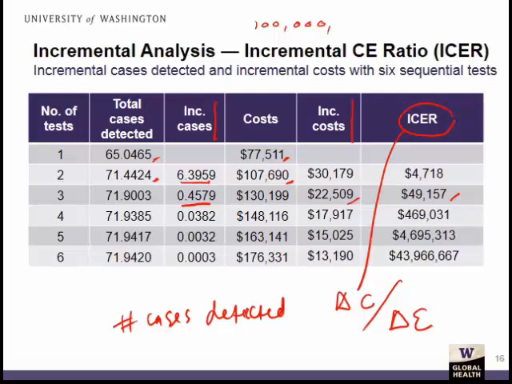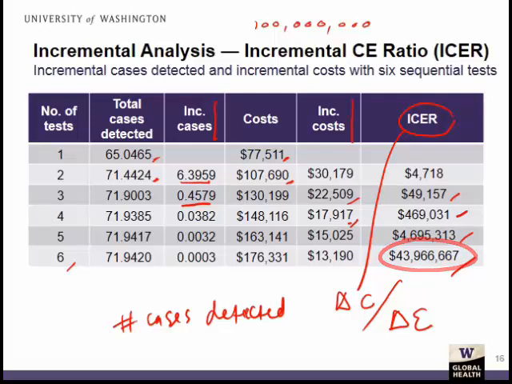If you increased this maybe to 100 million, you would have real numbers in that estimate, but it's a very, very small increase. And you are now paying $17,000 to get that small benefit. So you're now at $500,000 per case detected. If you go to the fifth, you go to $5 million per case detected. And to the sixth, you go to nearly $44 million per case detected.